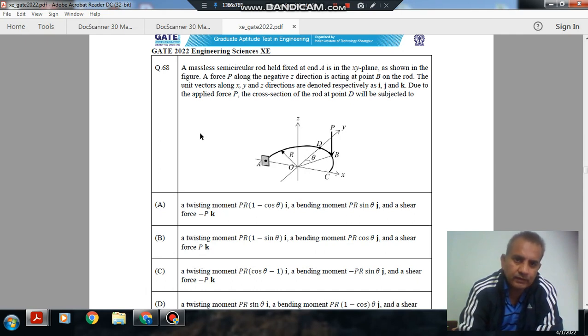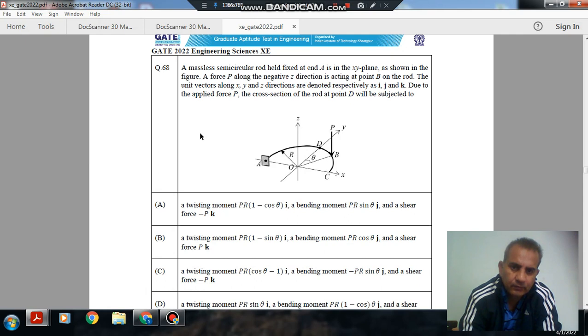The unit vectors along X, Y and Z directions are denoted respectively as I, J and K. Due to the applied force P, the cross section of the rod at point D will be subjected to option A, a twisting moment PR bracket 1 minus cos theta I, a bending moment PR sin theta J, and a shear force minus PK.